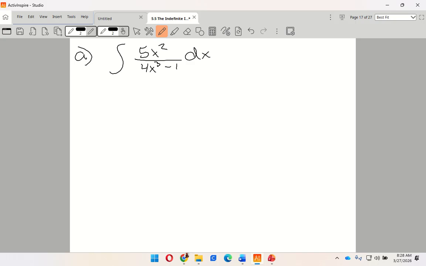So for this one specifically, I need to identify what I want my u to be. Joseph, you did the homework, right? So using this, what would I say my u should be?